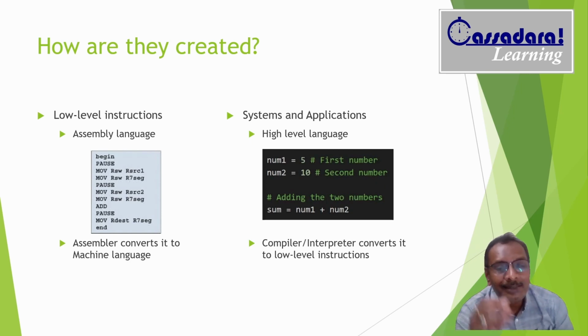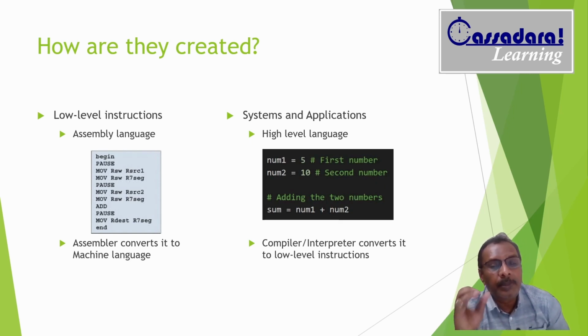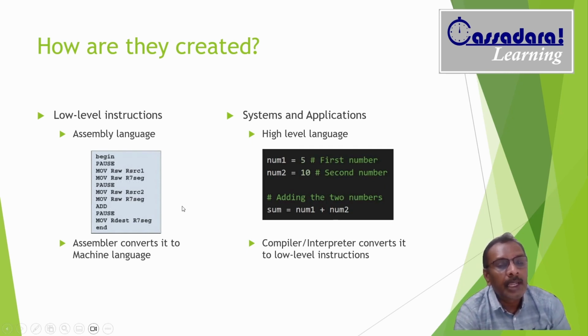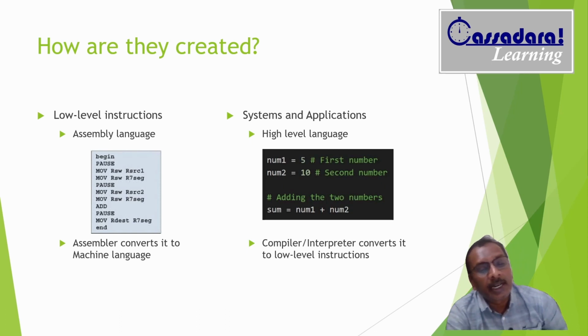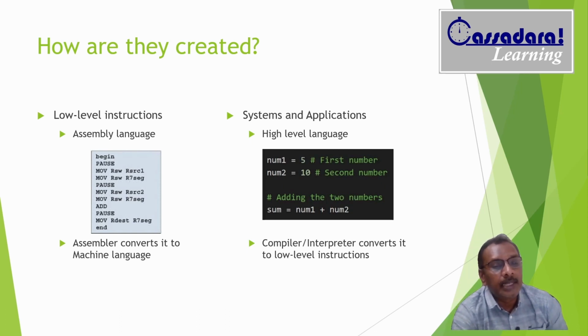So only trained people who understand assembly language can write this particular program, and then they run it with the help of an assembler, which converts everything into 1s and 0s and feeds it to the computer so that the computer can understand it and run the instructions.